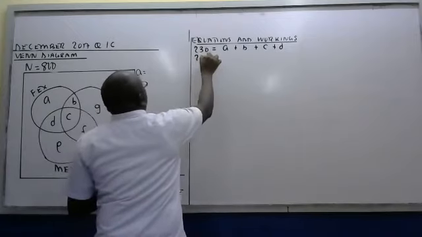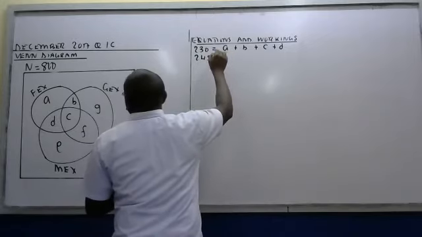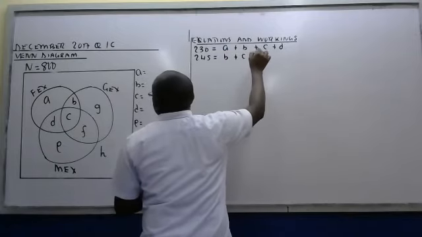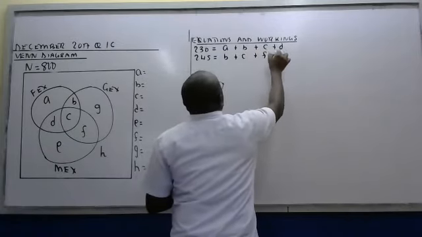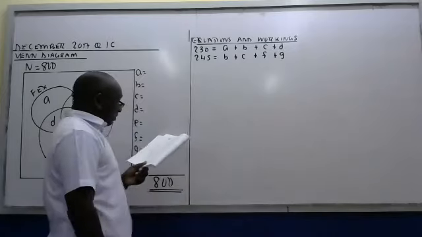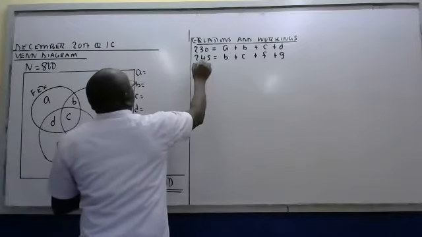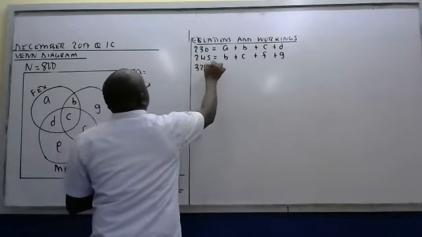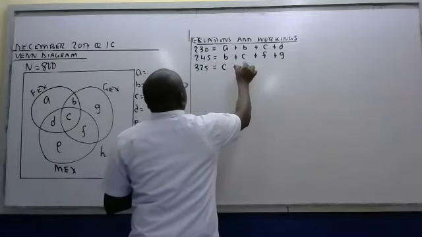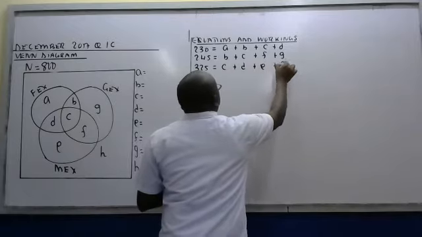So 245 is jets. That is B plus C plus F plus G. 325 preferred mix. 325 is mix. That is C plus D plus E plus F.